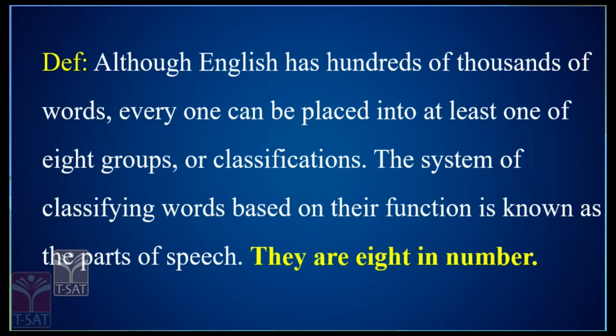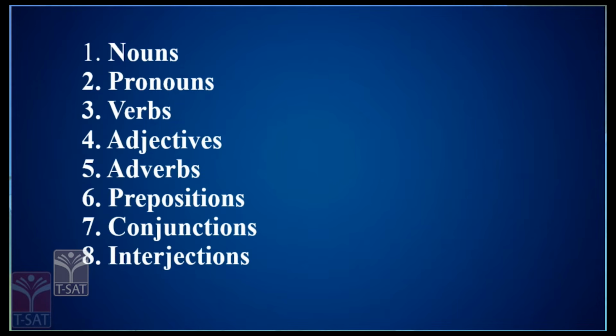Simply, the words which are classified according to their given function in a sentence are called parts of speech. And these parts of speech are 8 in number. They are, most of you know, nouns, pronouns, verbs, adjectives, adverbs, prepositions, conjunctions, and interjections.